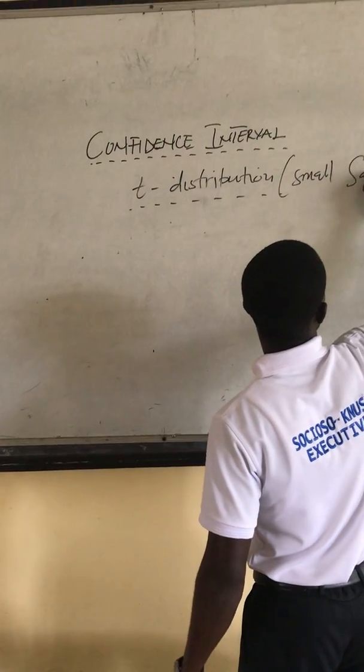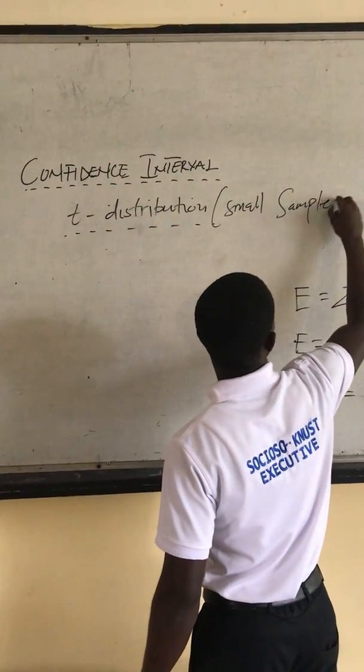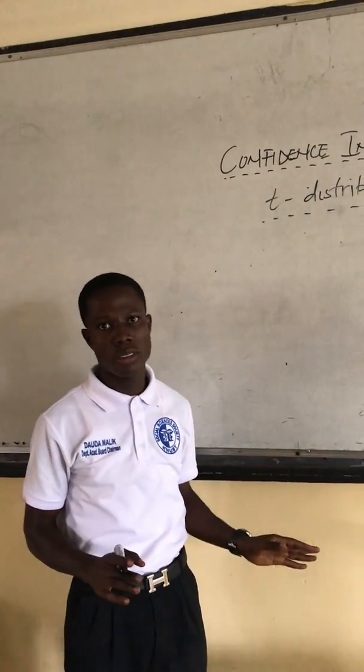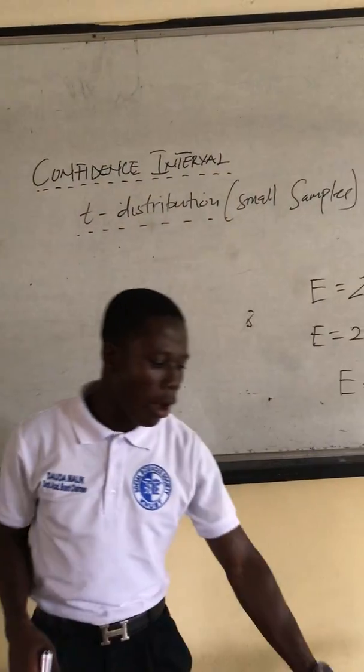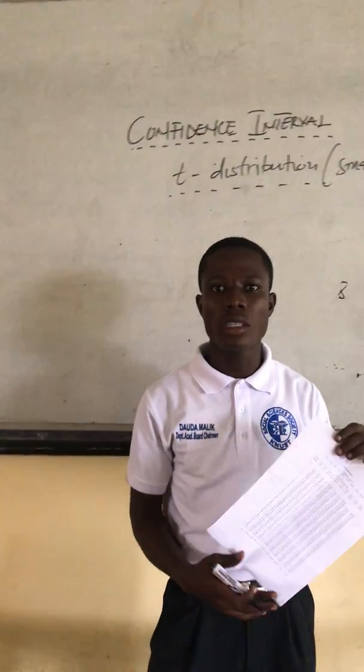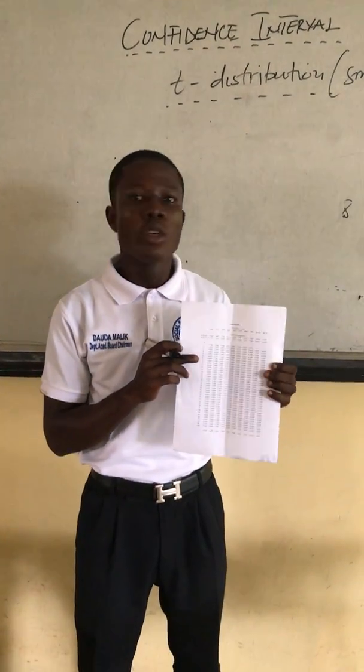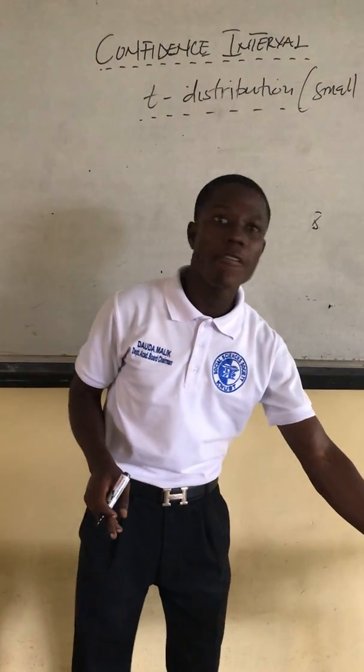Small samples. Okay, so the t distribution is for small samples, and with the t distribution, we have to have our t distribution table. It has its own distinct table that we use for it. So it's the same formula.